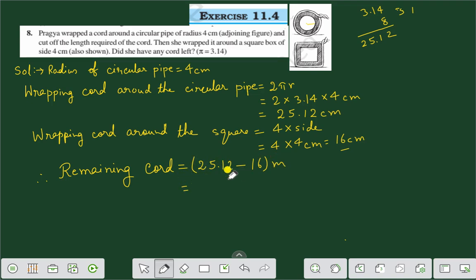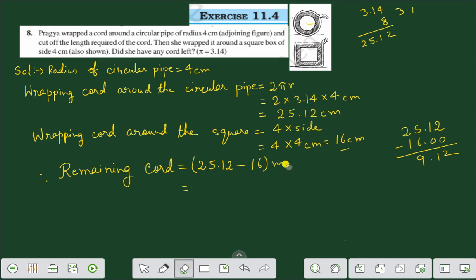If you subtract 16.00 from 25.12, you get 9.12 centimeter.